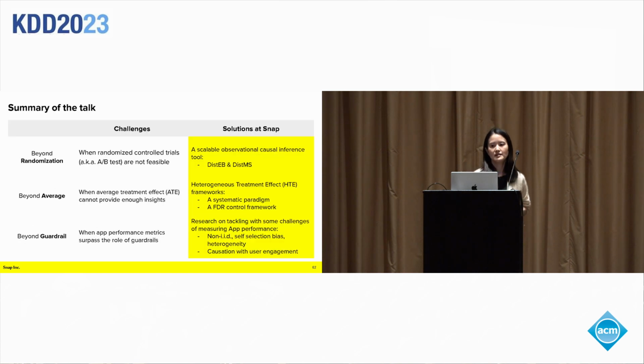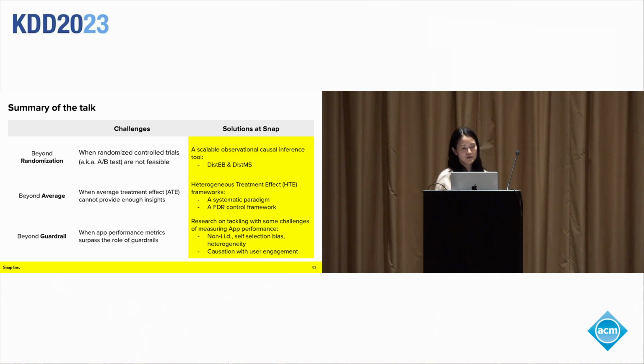Okay, so here is the summary of the talk. In this talk, we presented three challenges of using causal inference for mobile app measurement. These challenges include beyond randomization, beyond average, and beyond guardrail.